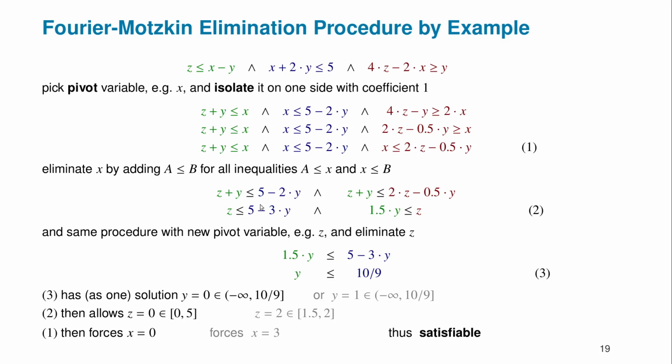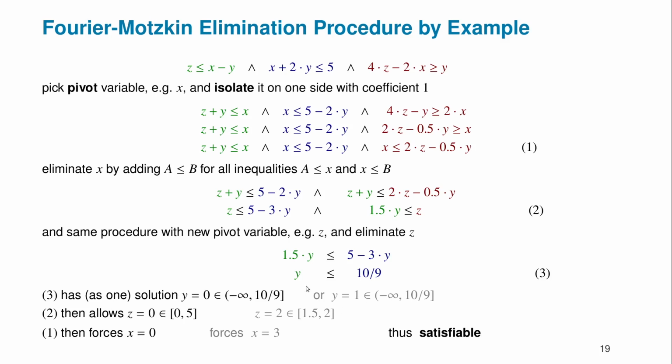And what we do next is we pick another pivot variable. In this case we pick z and transform the inequalities, and then we eliminate z, and finally we have only the inequality with the y, and with this we can find a solution for the y.